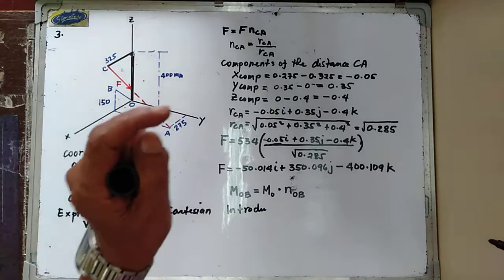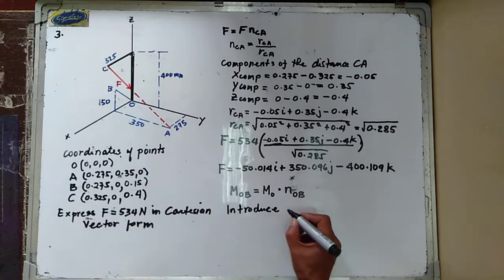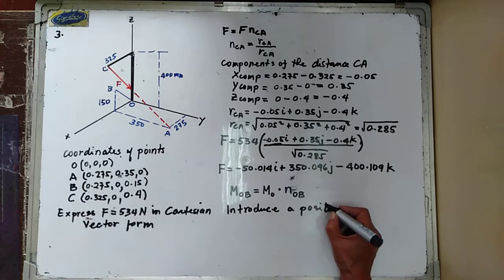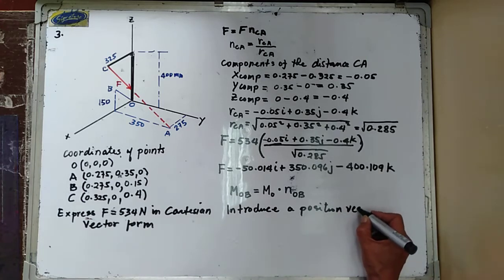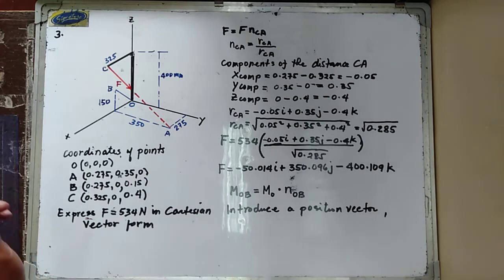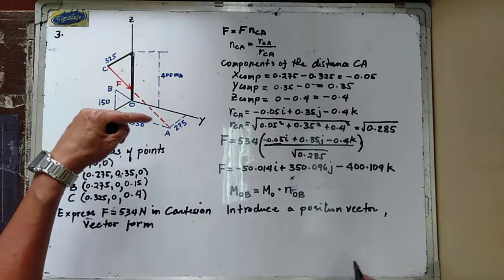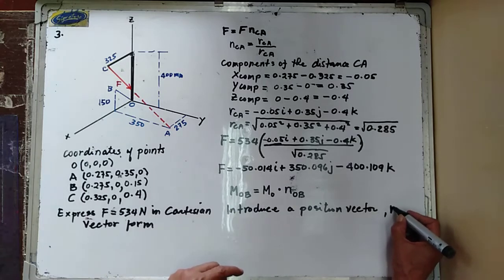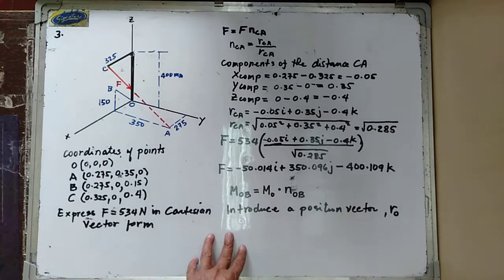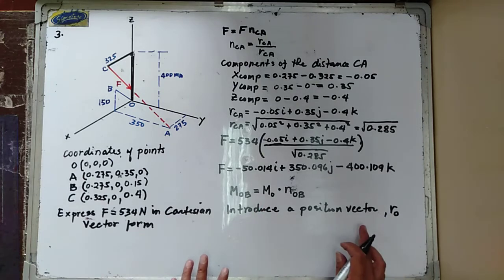That position vector is directed from O to A, the position vector ROA.